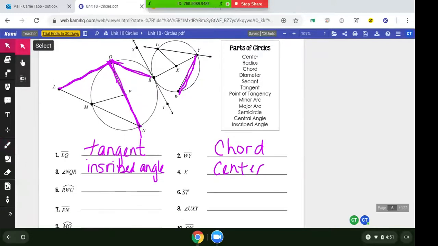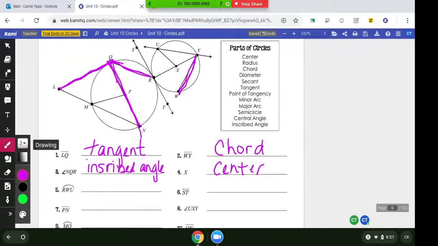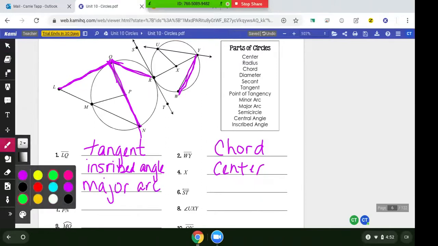Okay, then we have arc RWU would be a major arc. It's more than 180. Okay, and that is arc RWU.